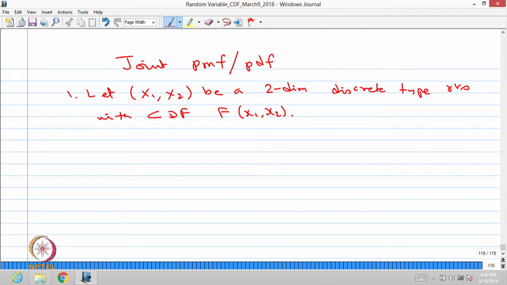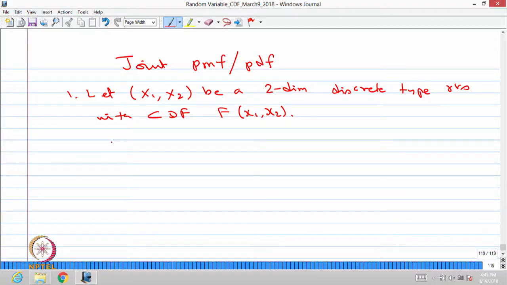One can define the probability mass function together, that is p of x1 comma x2, with the variable x1 comma x2.